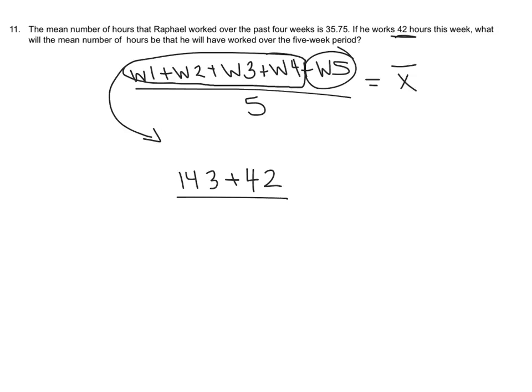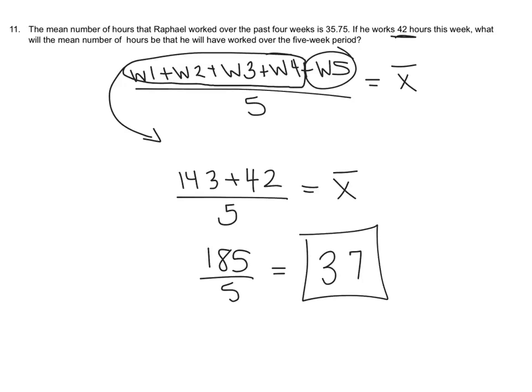We'll add those two numbers together and divide by 5 to get our average. 143 plus 42 equals 185. Then 185 divided by 5 is 37. So, the 5-week mean is 37.